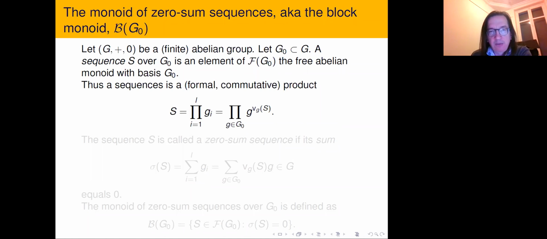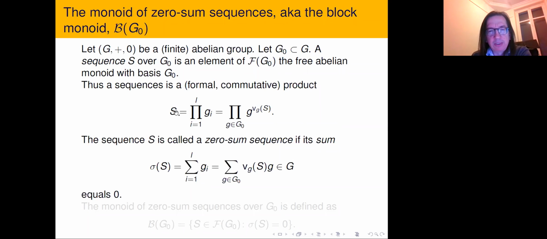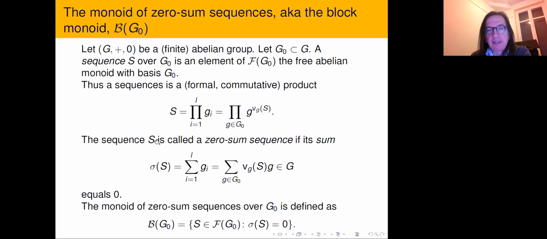We use exponents to indicate the multiplicity, and then the sum of the sequence is just the sum of the terms. And the monoid of zero-sum sequences over G_0 is defined as this set, the set of all sequences whose sum is 0.